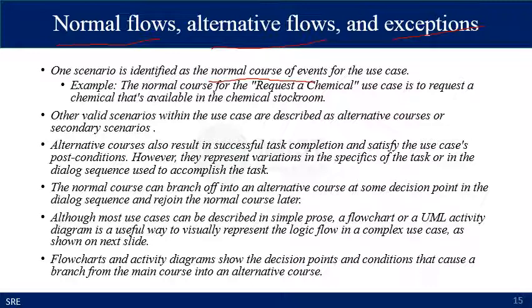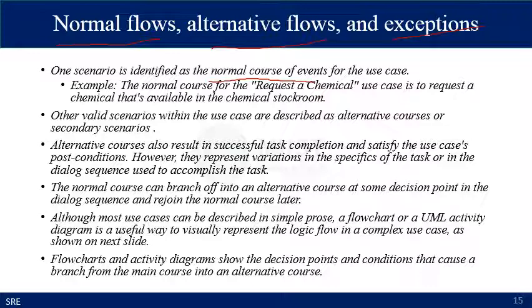So if there are more than one valid scenarios, then these are described as alternate flows or secondary scenarios. So alternate courses result in successful task completion and satisfy the user's use case post condition.